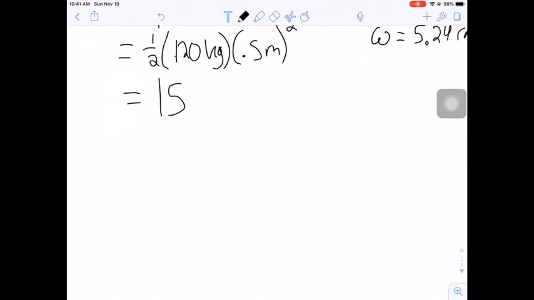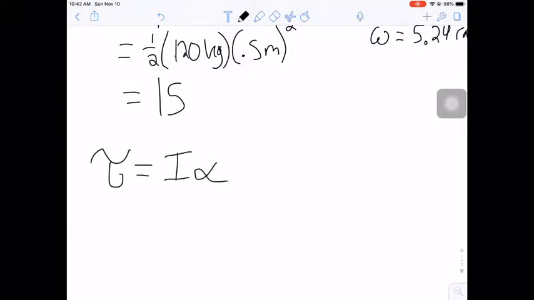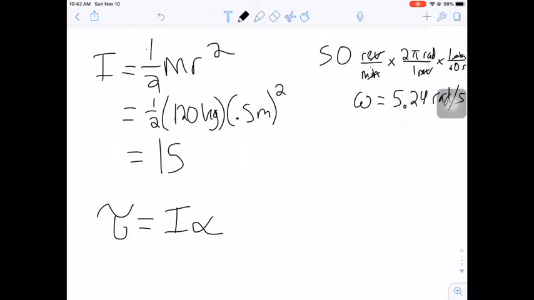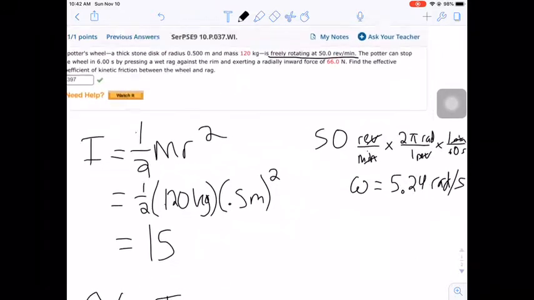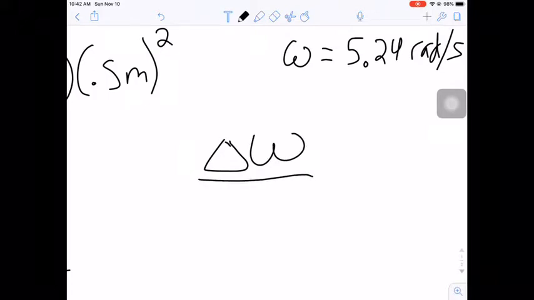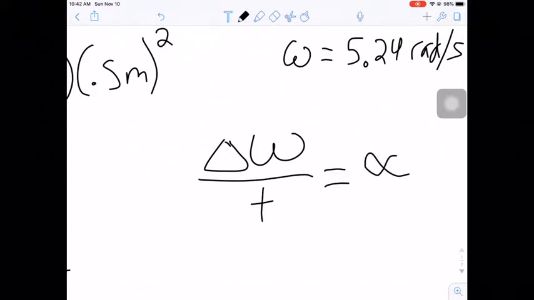Now that we have that, what we need to do is find the torque. We have the moment of inertia, but we need the angular acceleration. The change in angular velocity over time is equal to the angular acceleration.